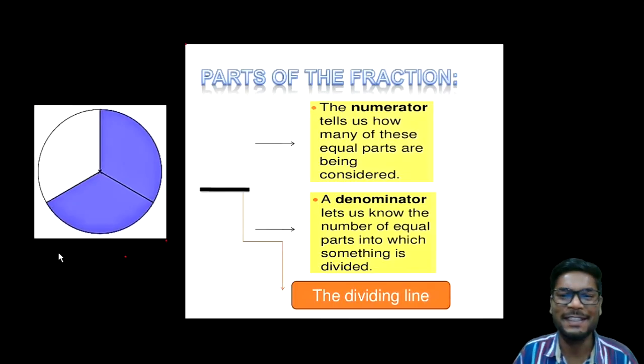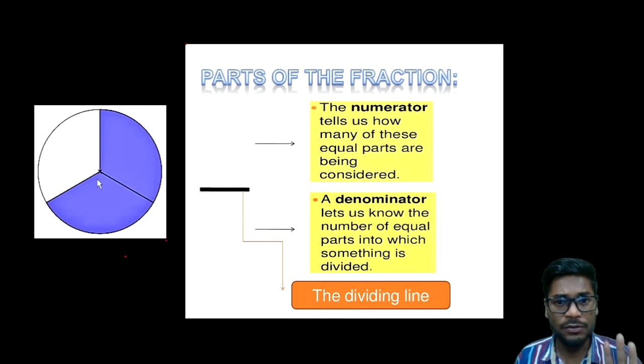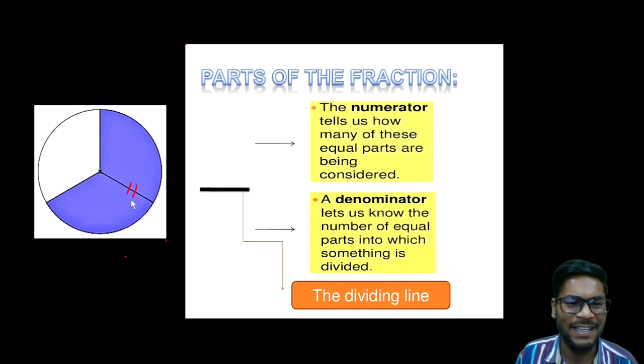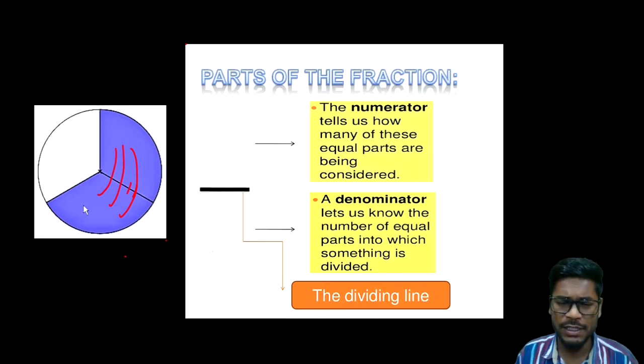So we have seen how to represent fractions using diagrams. As in this circle, it is divided into 3 portions and 2 portions are colored. Means this much fraction is colored. So now the question arises: how to represent this fraction in terms of a number, means how to quantify it.